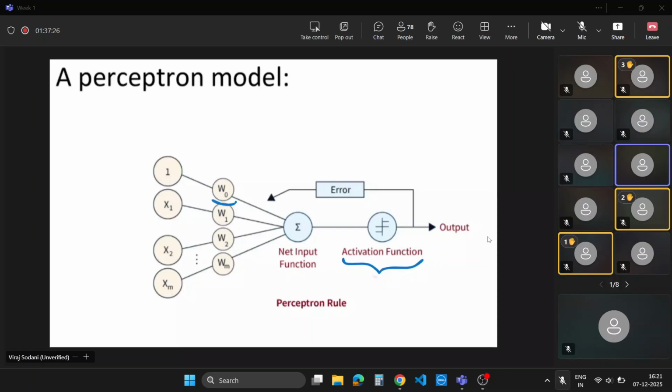So if I apply an activation function, for example sigmoid, which is 1 upon 1 plus e to the power minus x, the function will always give me the output between 0 and 1. So we can transform any non-linear value into a defined range.